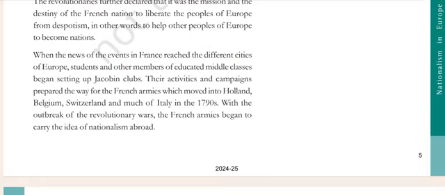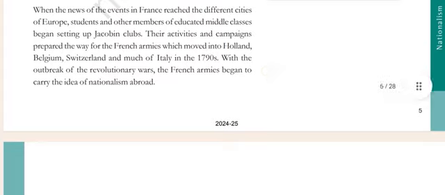Their activities and campaigns prepared the way for the French armies, which moved into Holland, Belgium, Switzerland, and much of Italy in the 1790s. With the outbreak of the revolutionary wars, the French armies began to carry the idea of nationalism abroad.